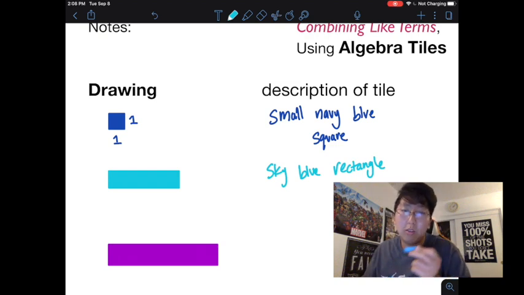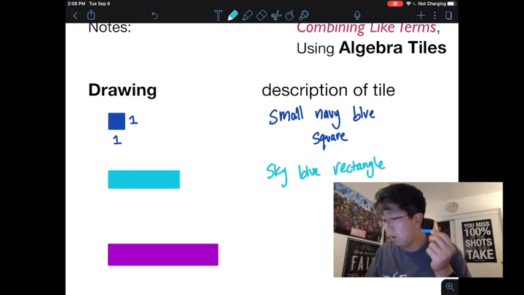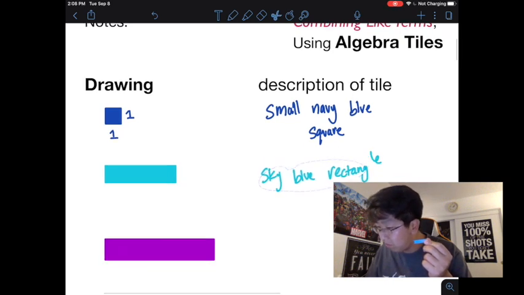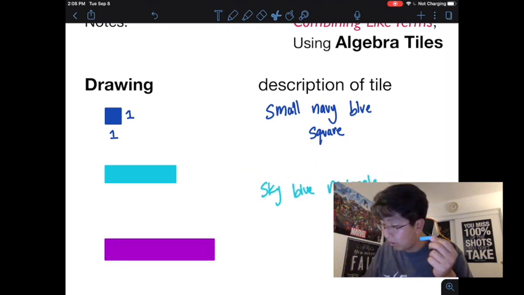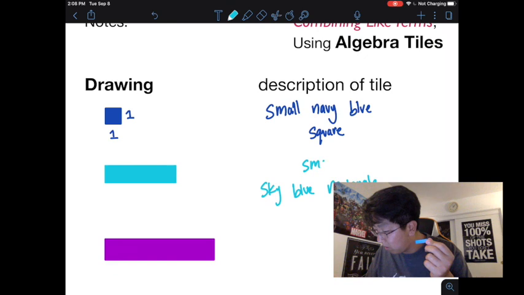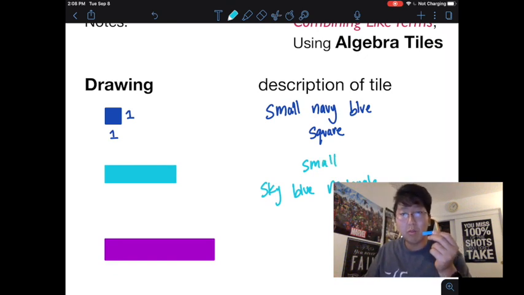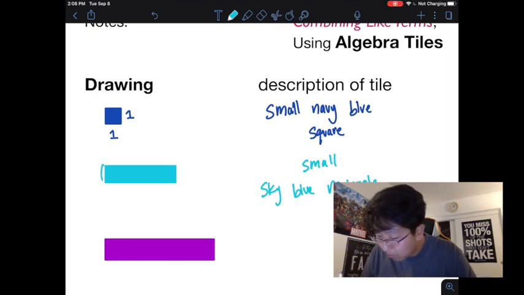That's how I'm going to describe it. Let me move this whole thing down a little bit, and call it a small sky blue rectangle. So here, the distance right here is 1.